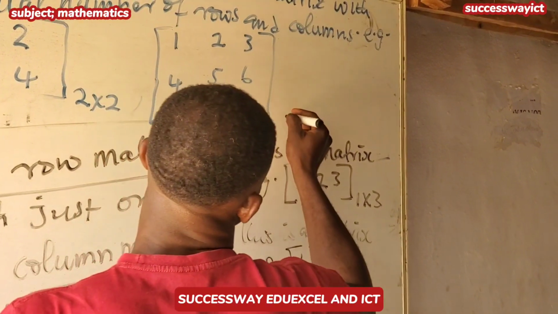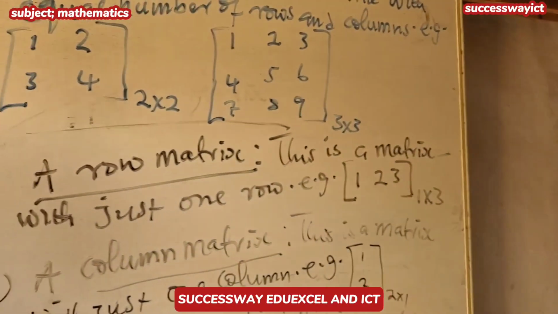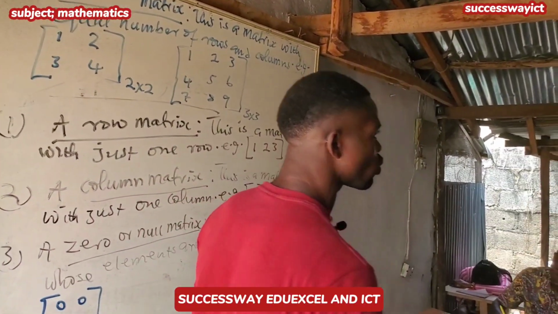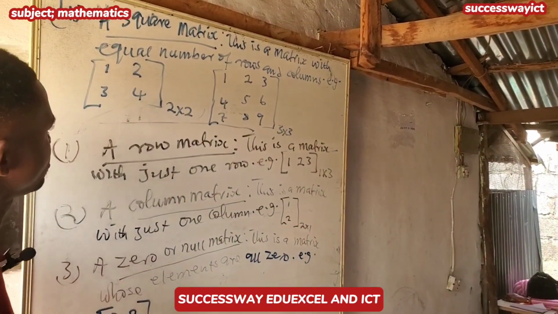This is what? A 3 by 3 matrix. So any matrix with equal number of rows and columns is said to be what? A square matrix. Square what? Matrix.